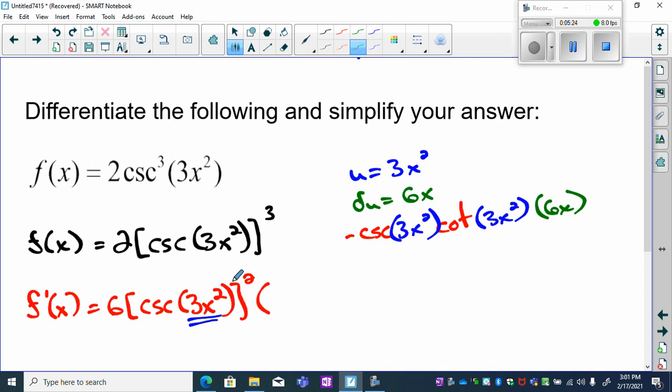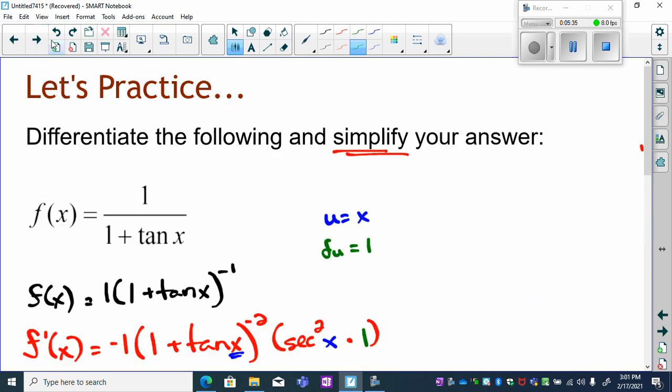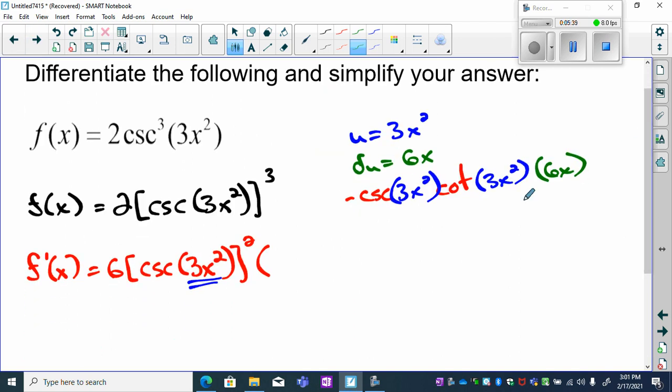Okay, if you're wondering where that's coming from, I'm differentiating this right here. I'm just using this rule right here. Derivative of cosecant u is negative cosecant u, cotangent u times du. So all of this, what I just wrote right here, would come after this bracket.